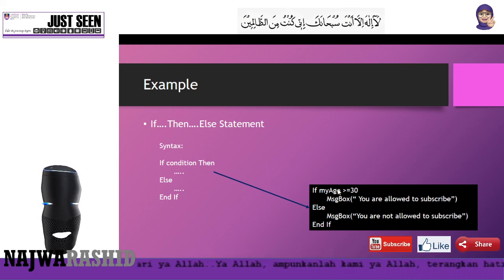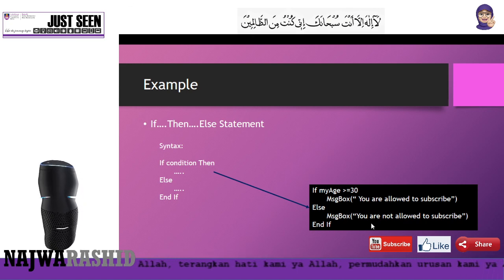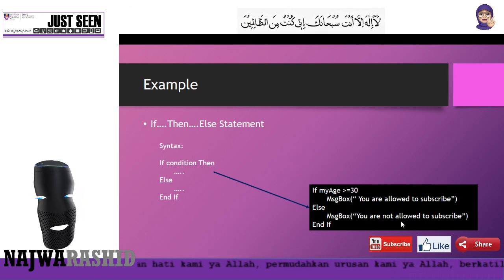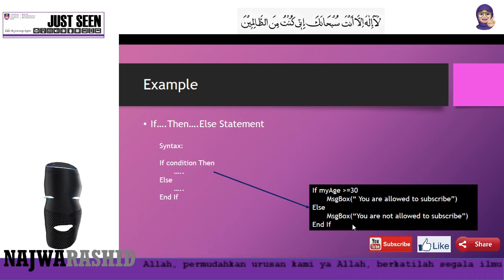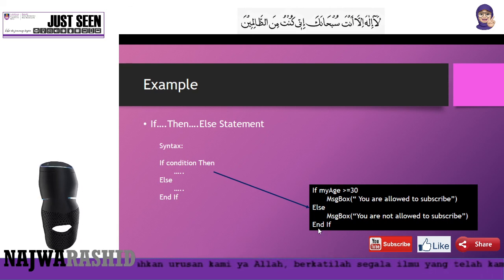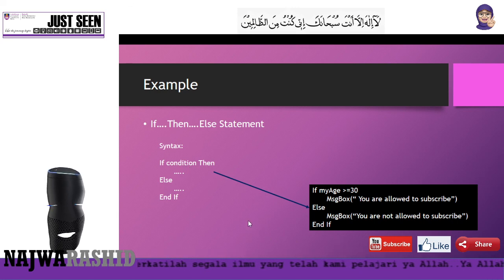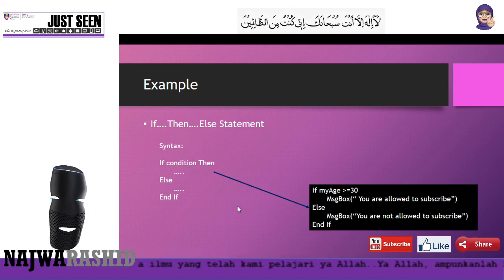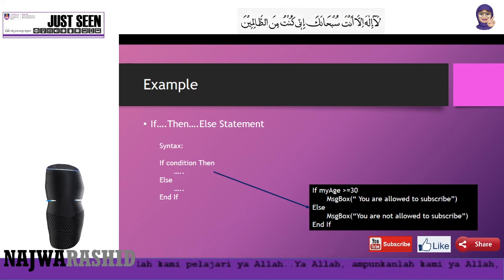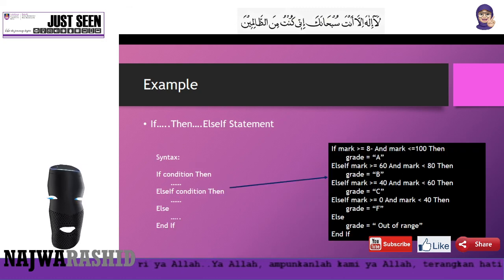If my age is not greater than or equal to 30, the Else message box will pop up saying you are not allowed to subscribe, and then it ends with the End If statement. Basically this is the structure for the If Then Else statement. The third one is the If Then ElseIf statement.